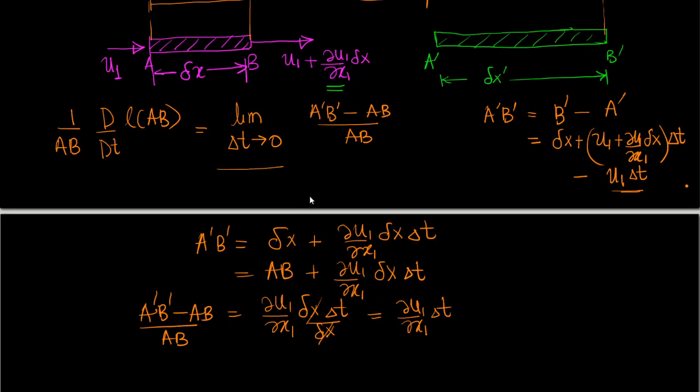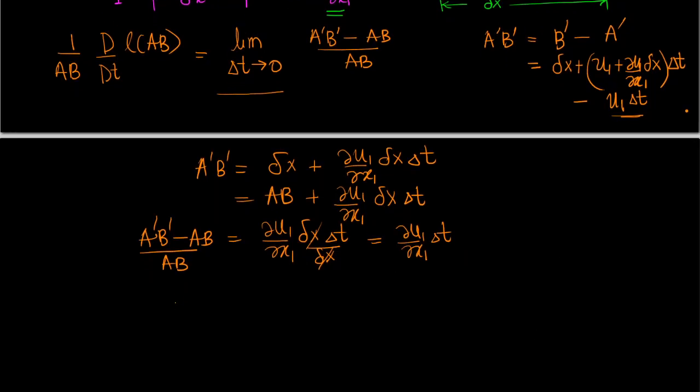Lastly, I have to take the limit as delta t goes to 0. So 1 upon initial length d length dt. I am writing it in terms of d, but equivalently it can be written in terms of capital D. It makes no difference. It's just the Lagrangian derivative. But we have to recall that it is the length in the x direction. Oh, I have forgotten to write the delta t in the denominator.